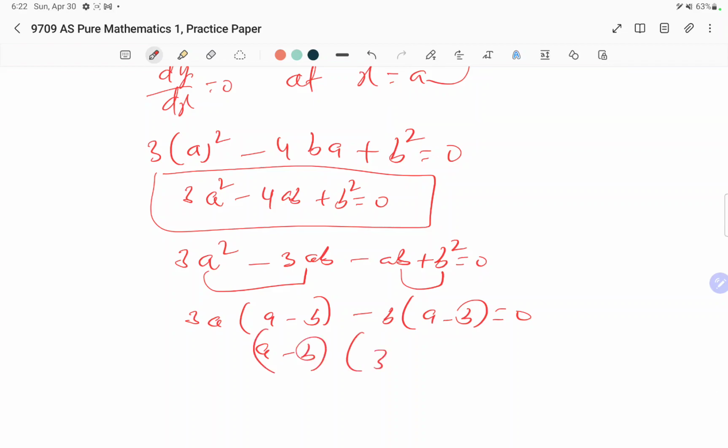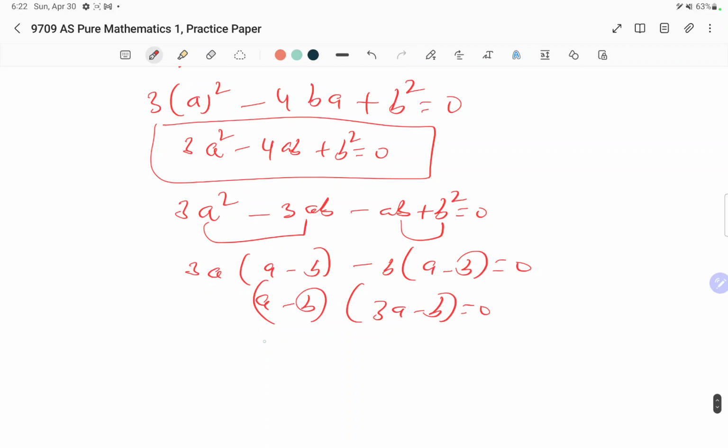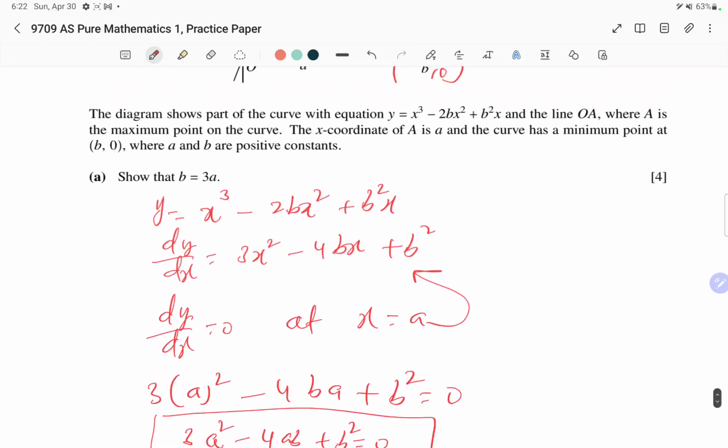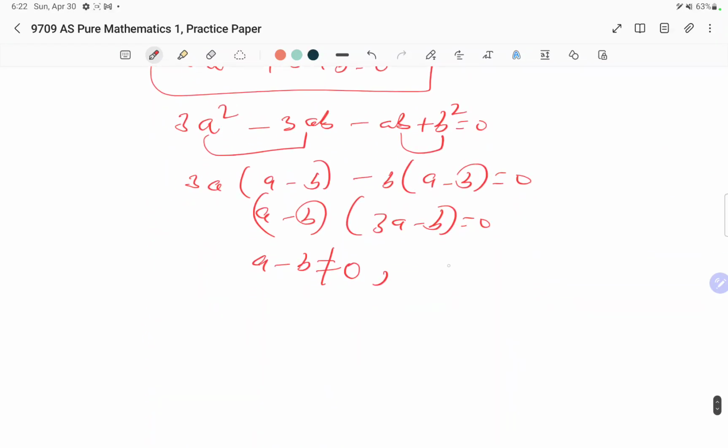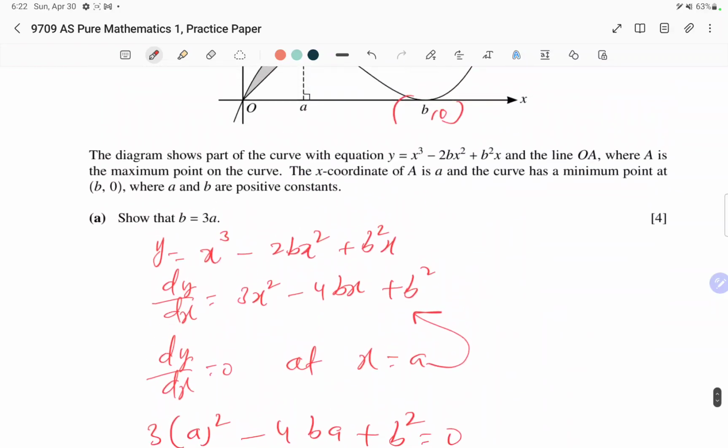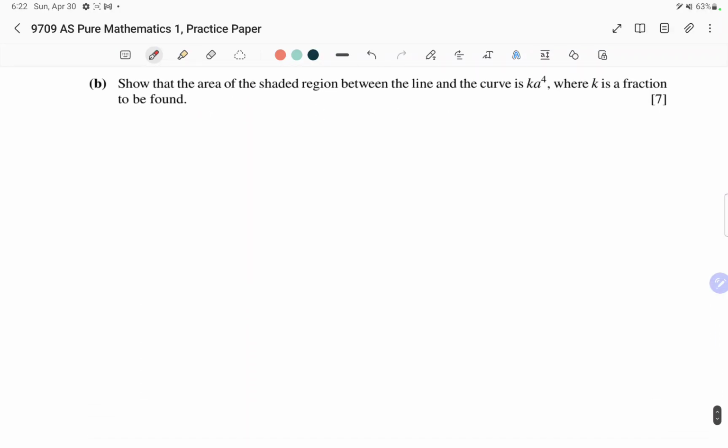Now (a minus b)(3a minus b) is 0. a minus b cannot be 0, because if it were, a would equal b, and a and b are different here, as you can observe. So 3a minus b is 0, 3a equals b. So b equals 3a, that's fine.